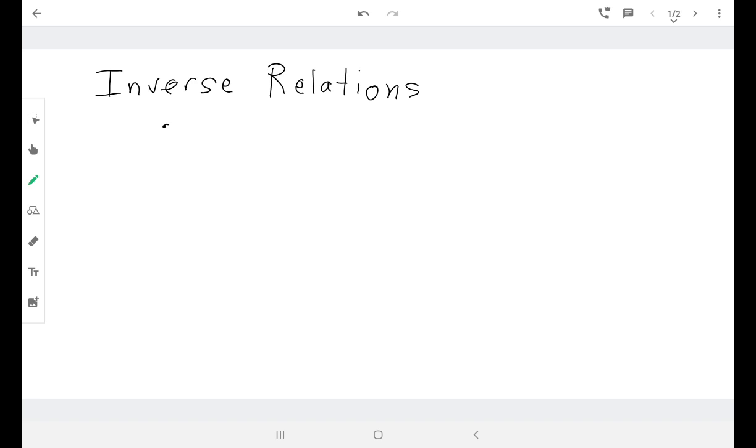The most important two facts are going to be that when we talk about inverses, what we mean is that we switch x's and y's, both on the graph and in the equation itself.